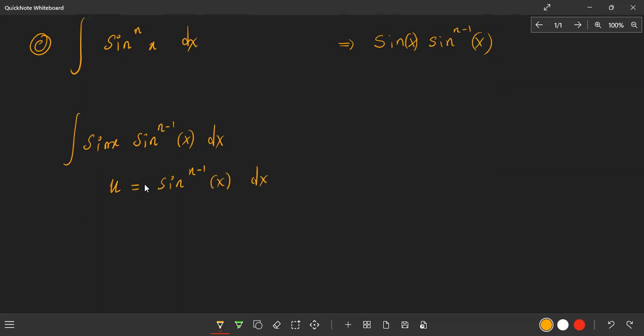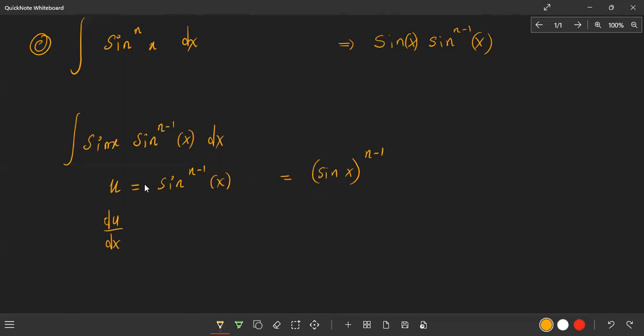Let's differentiate this. Don't forget, this can be written as sine of x raised to power n minus 1. Sorry, the dx shouldn't be there.